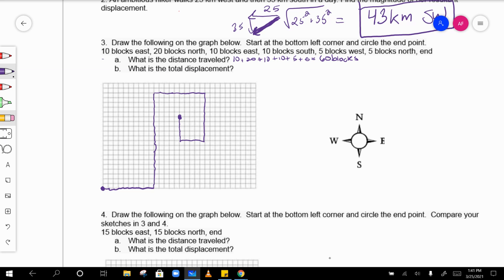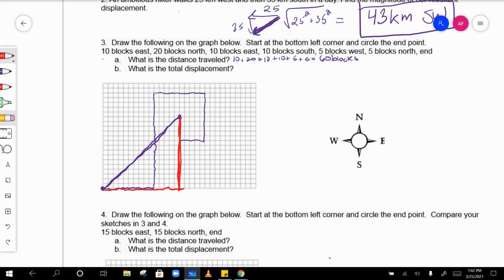The displacement. So the displacement is the distance from the start to the end. And we can figure that out using the Pythagorean theorem. We moved 1, 2, 3, 4, 5, 6, 7, 8, 9, 10, 11, 12, 13, 14, 15. Oh, no, it's just 15.